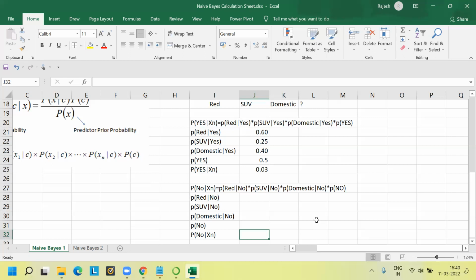There are 5 yes and 5 no. What is the probability of no? It is 1 minus probability of yes, which is 1 minus 0.5. It is 0.5 or 5 by 10.